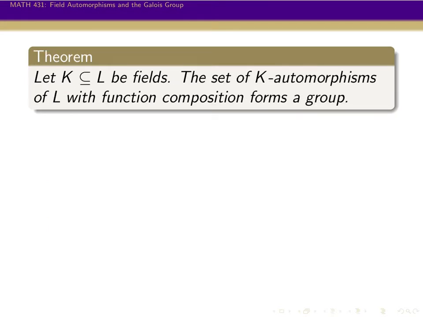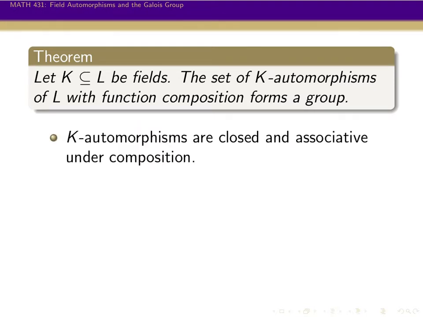So the big result in this that things are really going to be building off of is that if you take K as a subfield of L, well then the set of K automorphisms of L, so the set of all the automorphisms of L that fix all the elements of K, this set with functional composition forms a group. Forms a group just in the same sense of when we talked about groups early on in group theory.